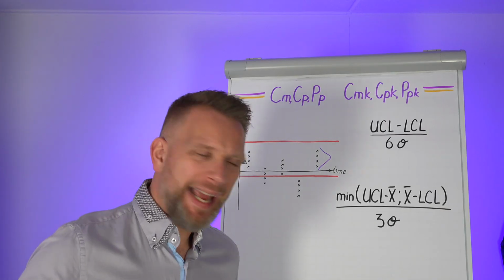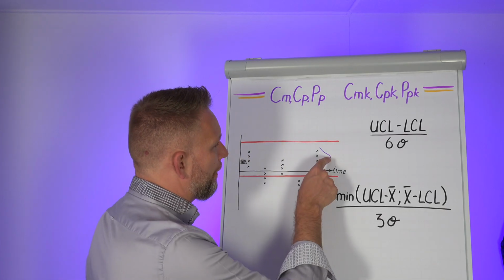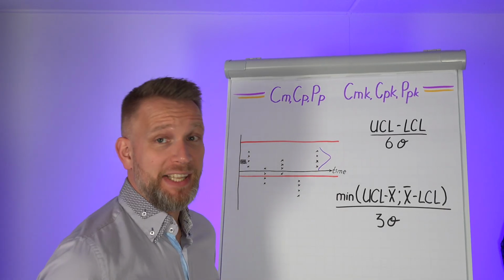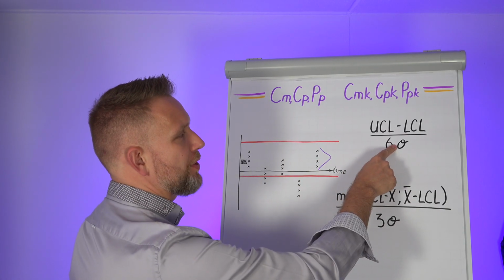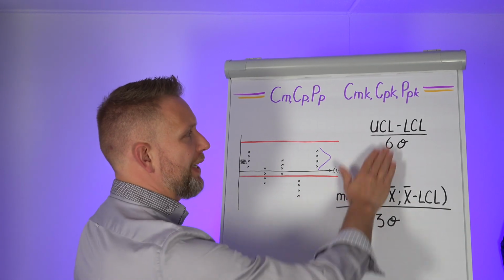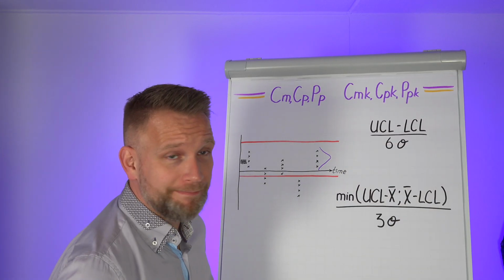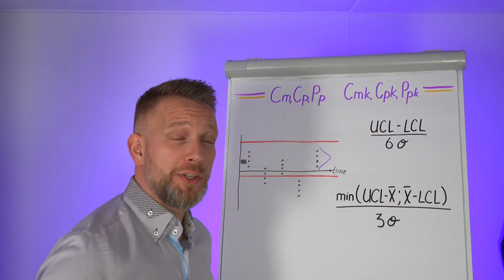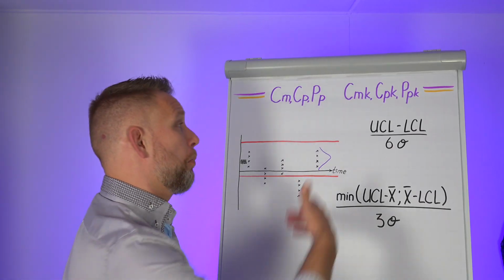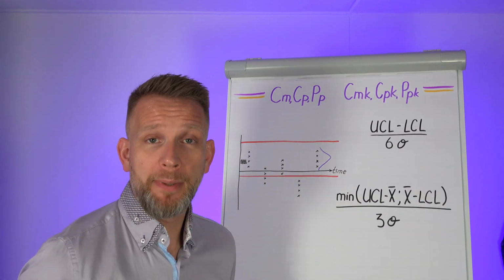And how do we see that? Well, look, plus and minus 3, that's 6 standard deviations. If the difference between the upper and lower limit is more than 6 standard deviations of your process outcome, then we've got a positive capability index.